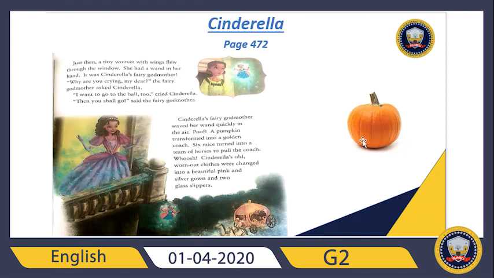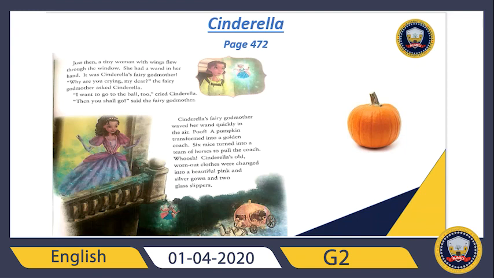So you can see this is a pumpkin. The fairy godmother did magic, and what happened? This pumpkin was transformed into a golden coach. Six mice turned into a team of horses to pull the coach. So she changed the mice to horses by her magic. Whoosh! Cinderella's old worn-out clothes were changed into a beautiful pink and silver gown and two glass slippers.